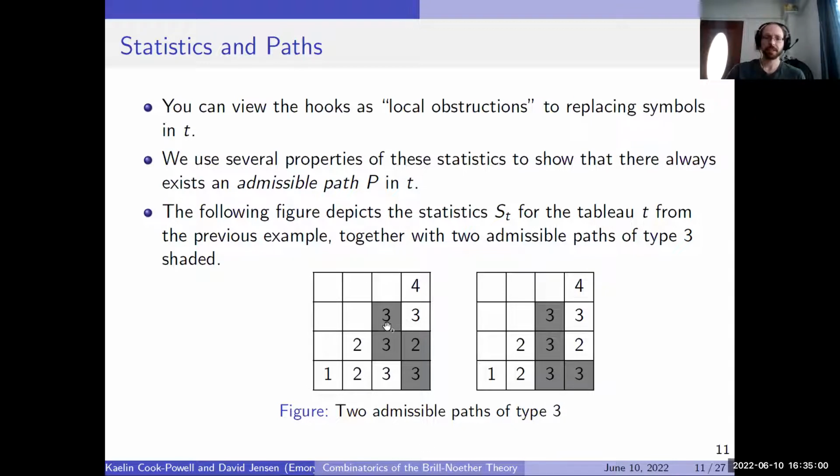This ends up being an admissible path, but there always could be more admissible paths. You could end up getting multiple ways of traveling through and passing around these obstructions. So it's not necessarily a unique construction, and there could be many along this way.